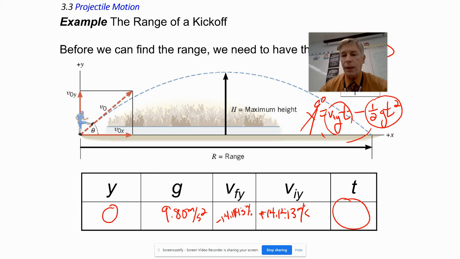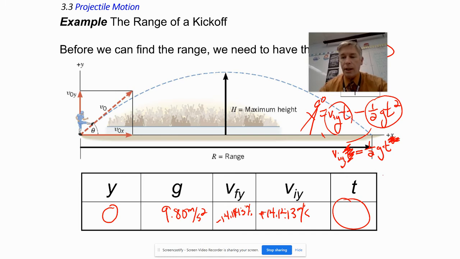So VIYT has to equal 1/2 GT squared. Well, guess what? One of these t's can go away, and we get VIY equals 1/2 GT.